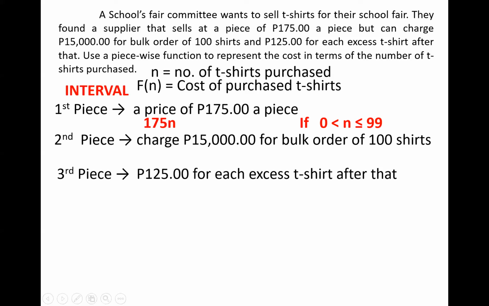That is why ang ginawa nating interval for our first piece is number of t-shirts shall be less than or equal to 99 but greater than 0. Okay? So, 175n, if n less than equal to 99, greater than 0, ito ngayon ang magiging first sub-function natin.